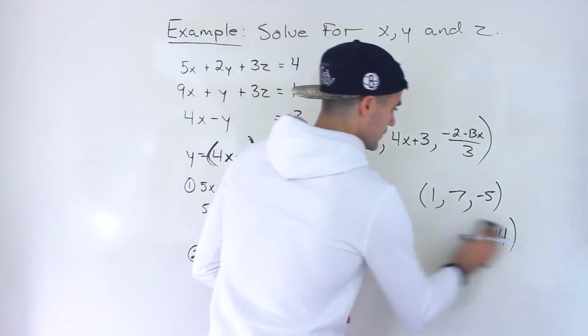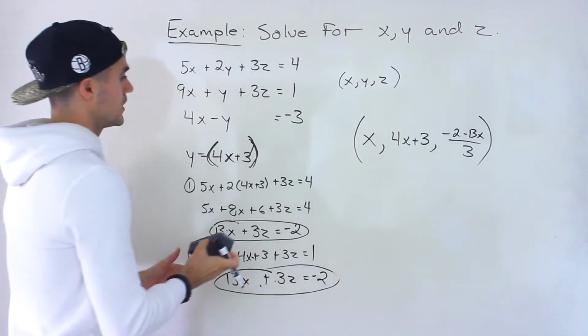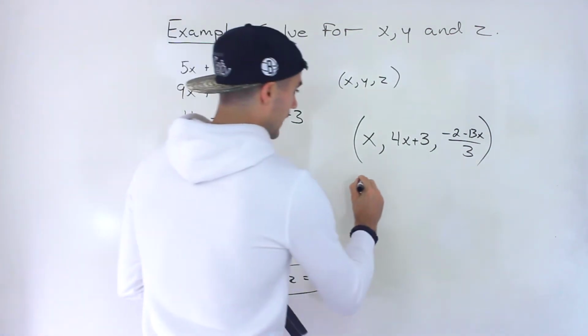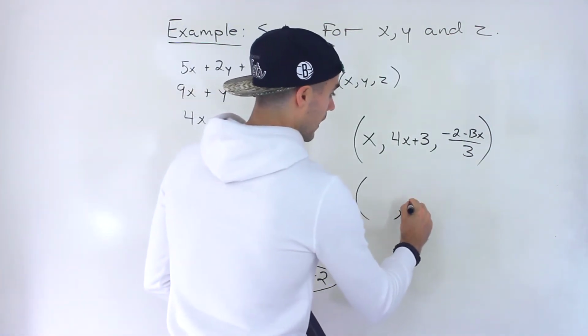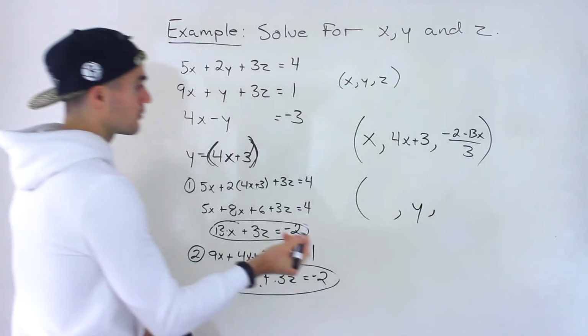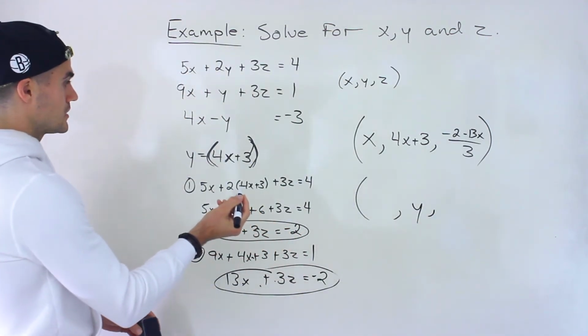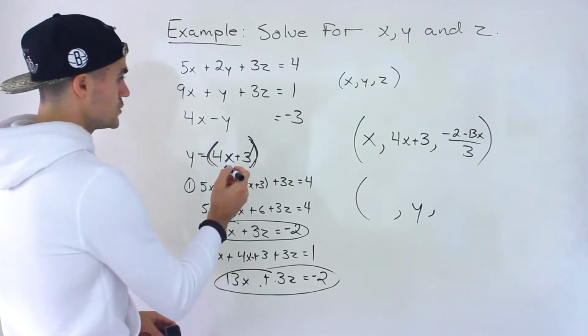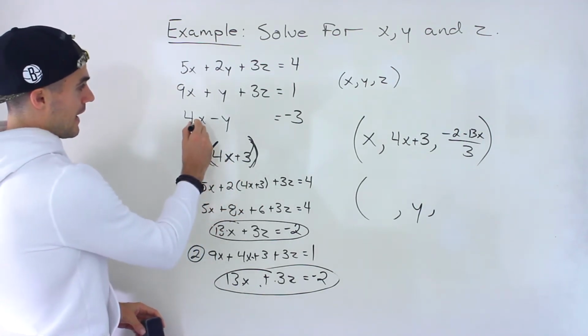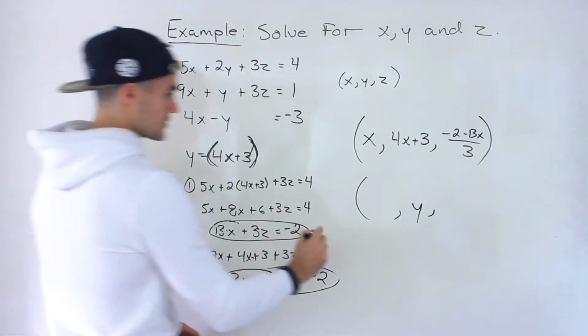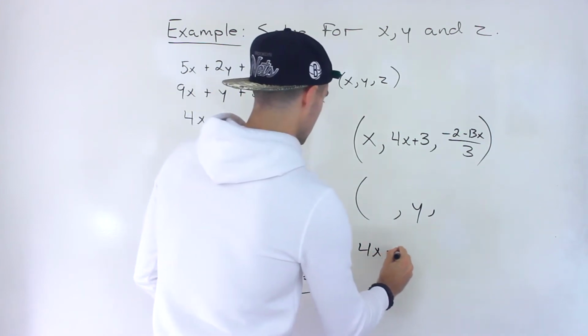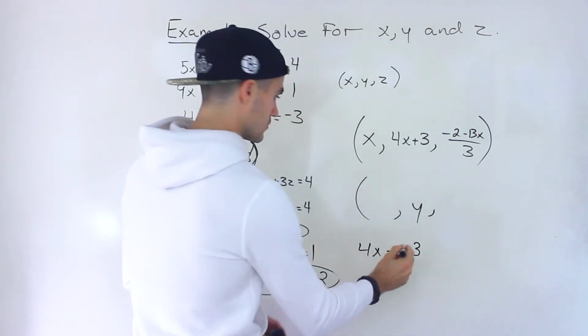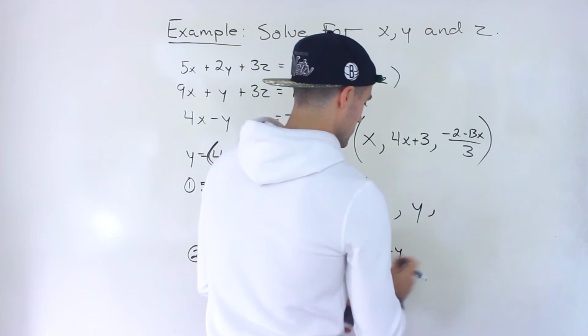Well, you just follow the exact same process. If we wanted everything in terms of y, then y can be any real number. And then we can isolate for the x in this equation. So we'd have 4x minus y minus 3 equals minus 3.